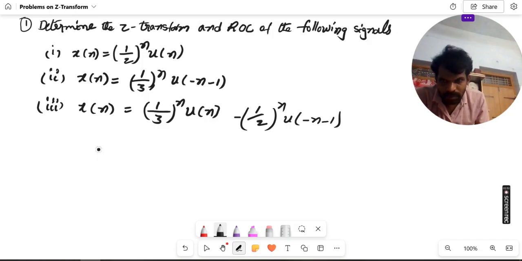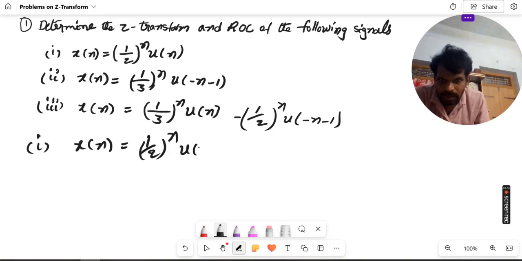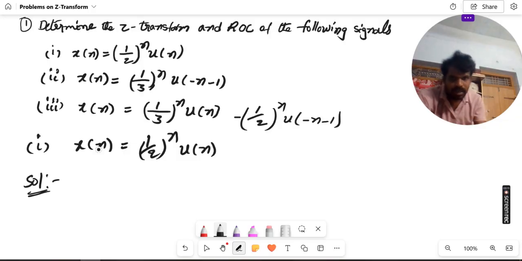Okay, let us take the first one. What is the first bit? X of n is equal to 1 by 2 power n into u of n. Solution. First of all, for the given sequence, let us find out the Z transform.